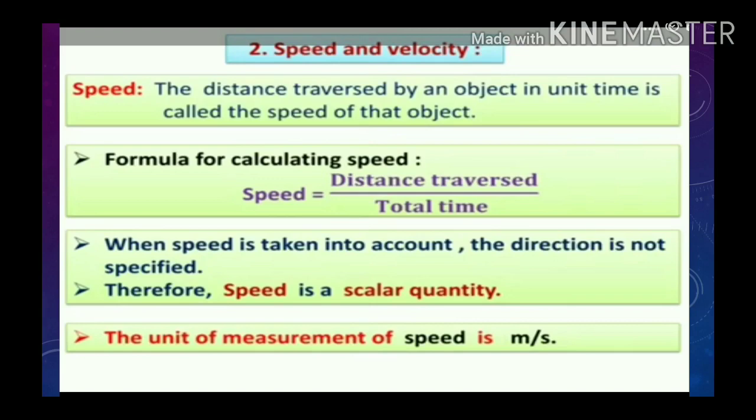The distance traversed is 100 km and the total time is 2 hours. So 100 divided by 2 is 50. So the answer is 50 km per hour. We can say that the speed of the car is 50 km per hour. In this way we can calculate the speed.